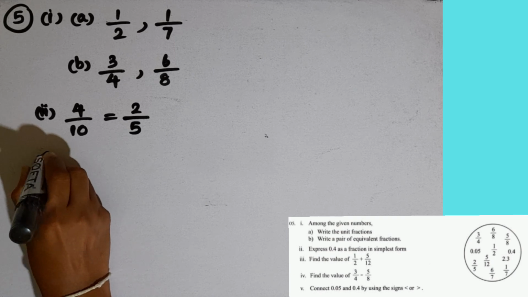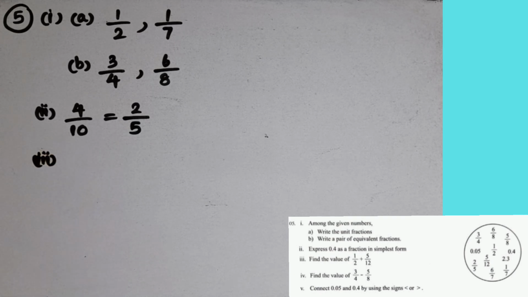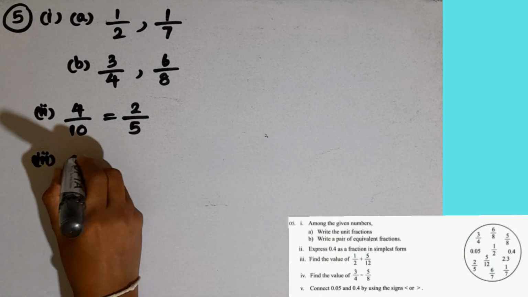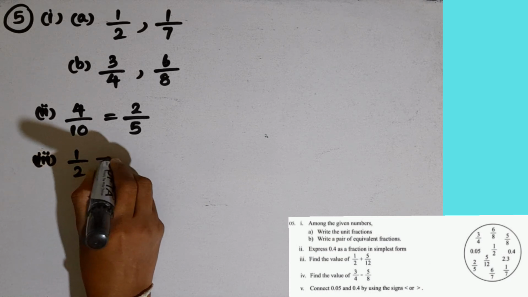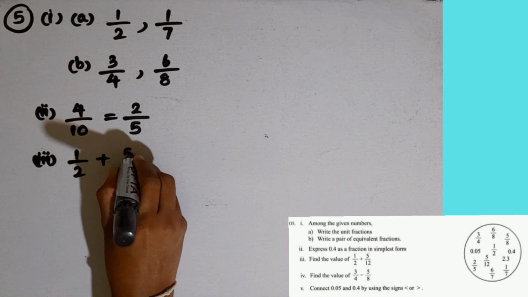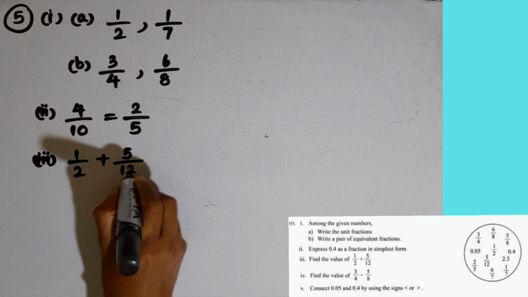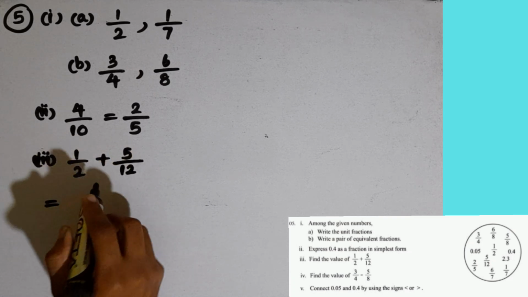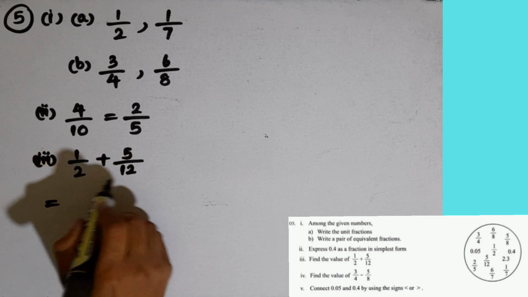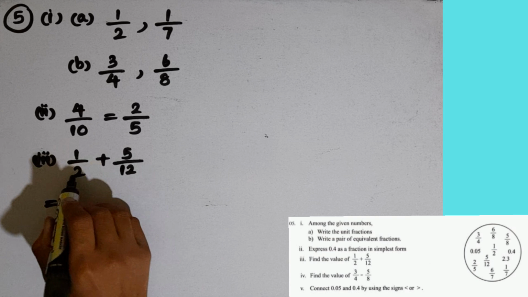Part 3. Find the value of 1 over 2 plus 5 over 12. We can take the common denominator as 12 here.